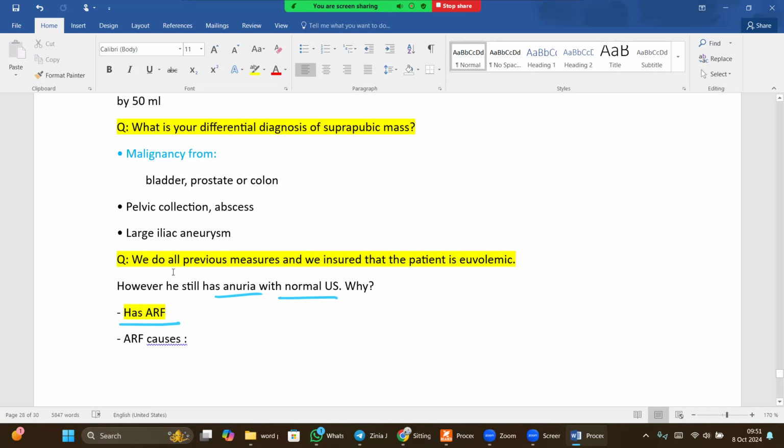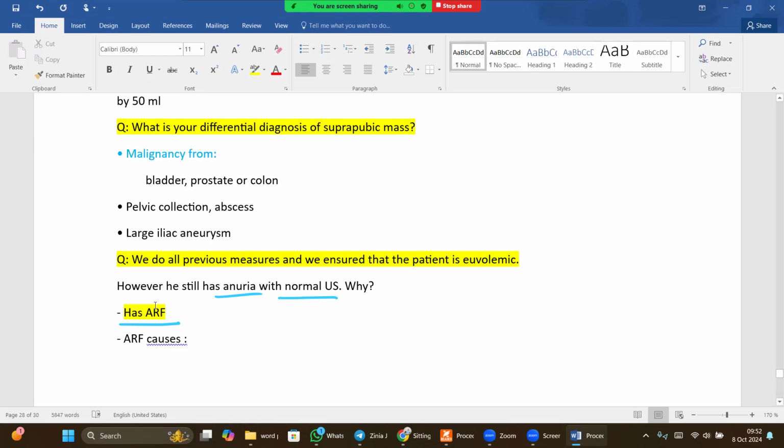We do all previous measures and we ensure that the patient is euvolemic.